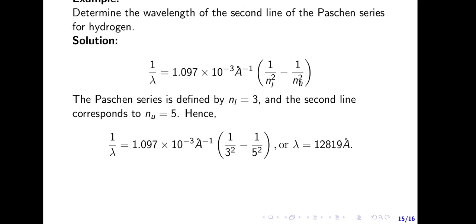The second line will be NU equals 5. The third line will be NU equals 6. In this question we are asked to calculate for the second line, so NU is 5. Okay, so that's our formula. We have 1 over lambda equals R multiplied by 1 over 3 squared minus 1 over 5 squared. If you evaluate this, lambda is approximately 12819 angstrom. Okay, so you can check that.